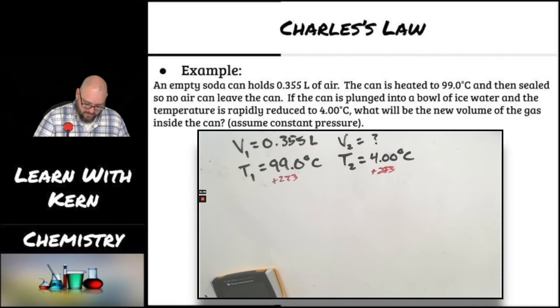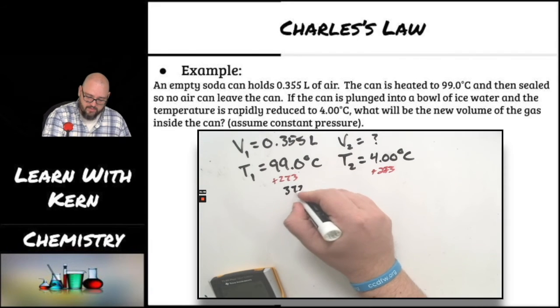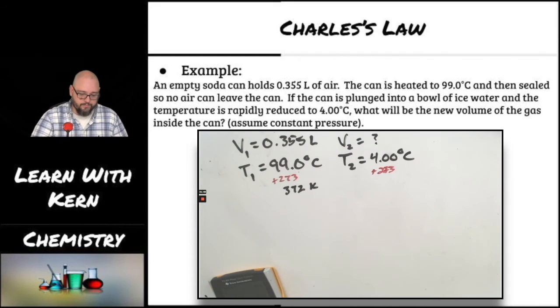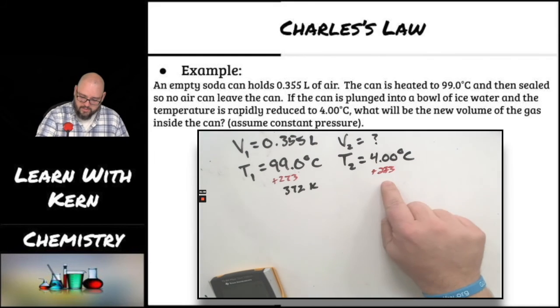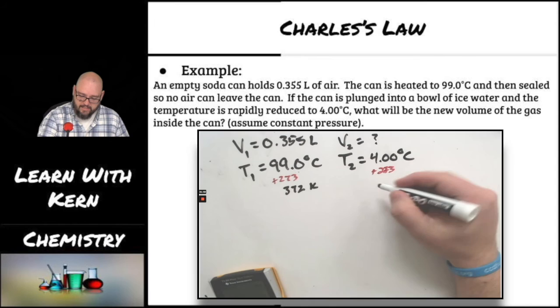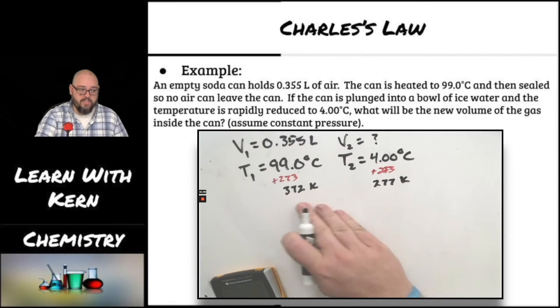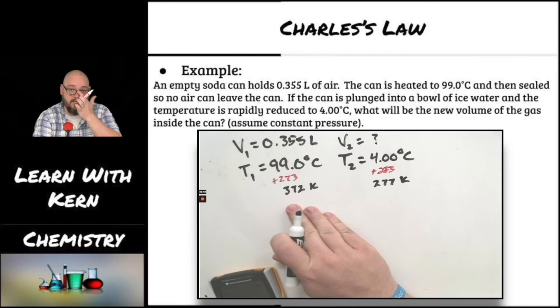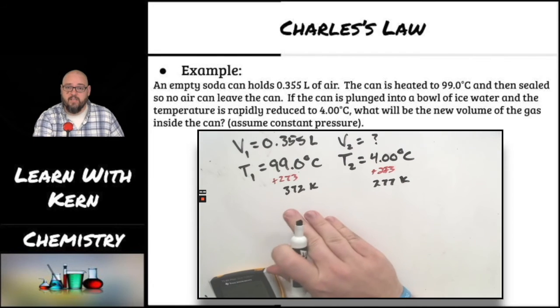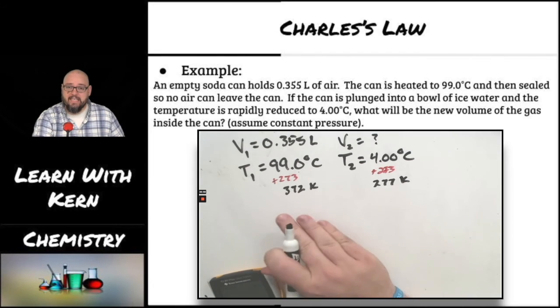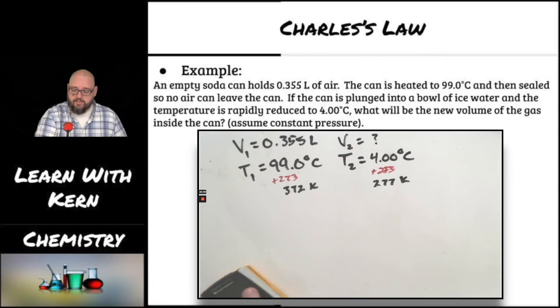So 99 plus 273 is 372 kelvins, and 273 plus 4 is 277 kelvins. So these are the temperatures I have to actually use in my equation. We have to have the temperatures in kelvins when we use gas laws.